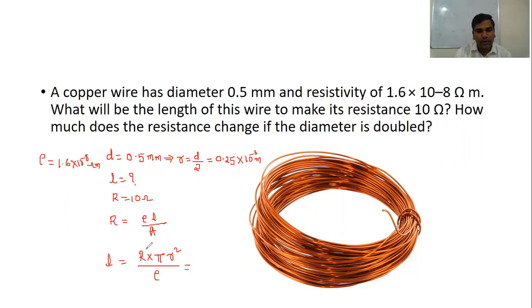Now what you can do, substitute this R value 10. Pi is 3.14 and radius is 0.25 × 10^-3. Just substitute 0.25 × 10^-3 whole square, and whole divided by resistivity 1.6 × 10^-8.